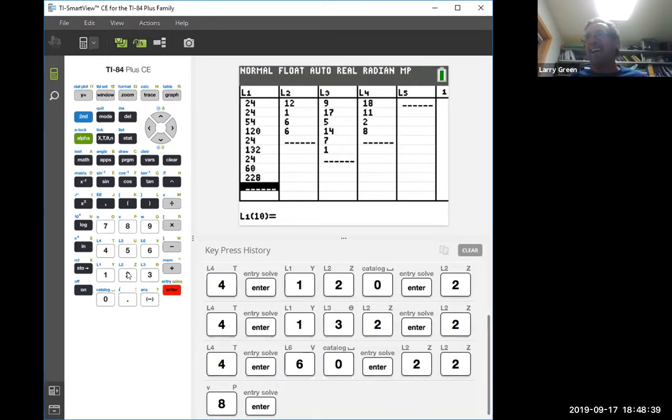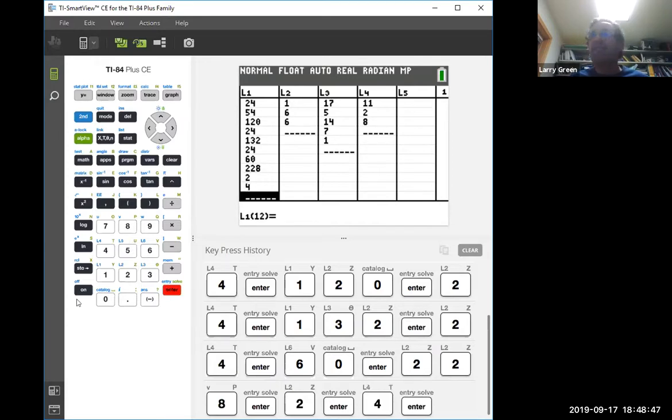It helps me fall asleep sometimes. I'll do really sophisticated math just for fun in my head and it puts me to sleep. And then 4, enter, 16 years. So 16 times 12, that's a little harder. 15 times 12 is the same as 30 times 6, which is 180, plus 12 is 192. Enter.